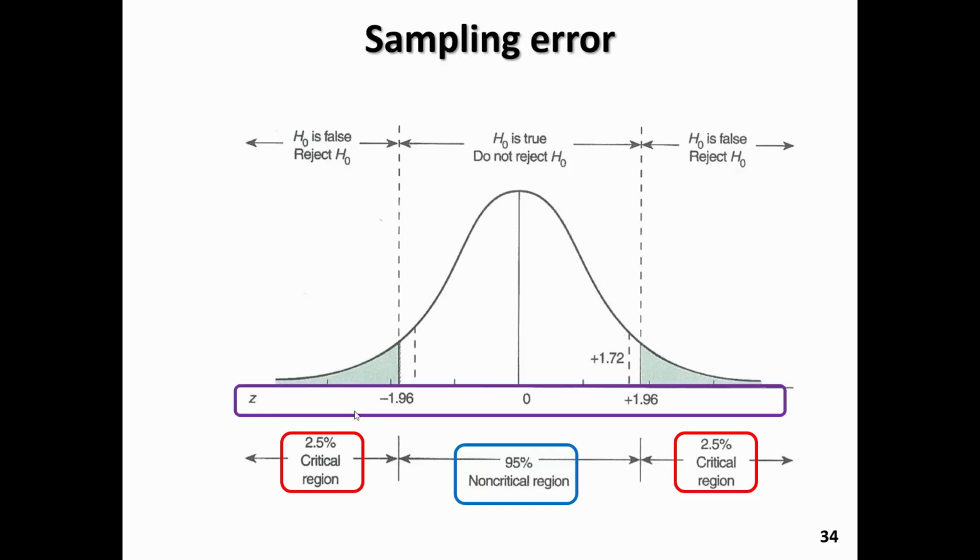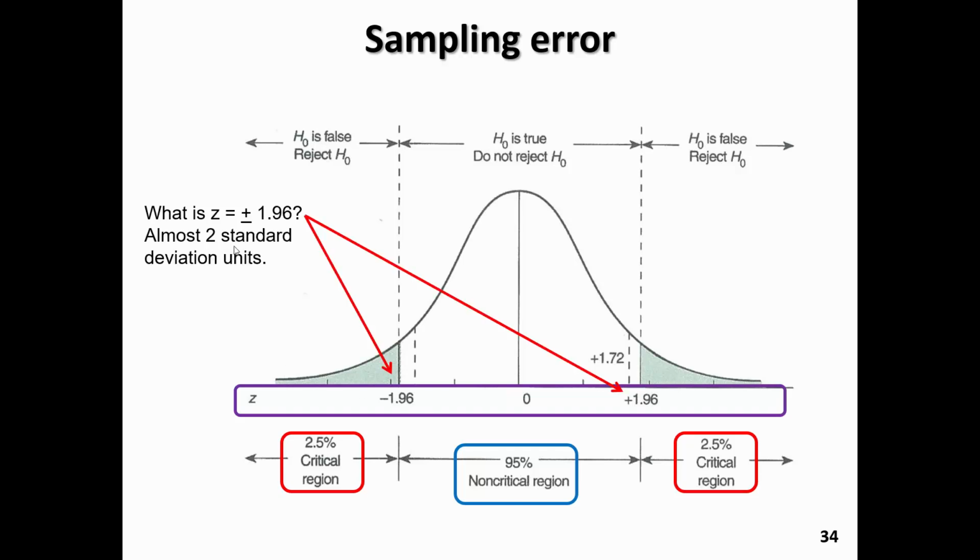What we see here along the x-axis is our data expressed in z units. Recall that the average exists at the line of symmetry, and that's an average of 0. The positive and negative 1.96 is almost 2 standard deviation units.